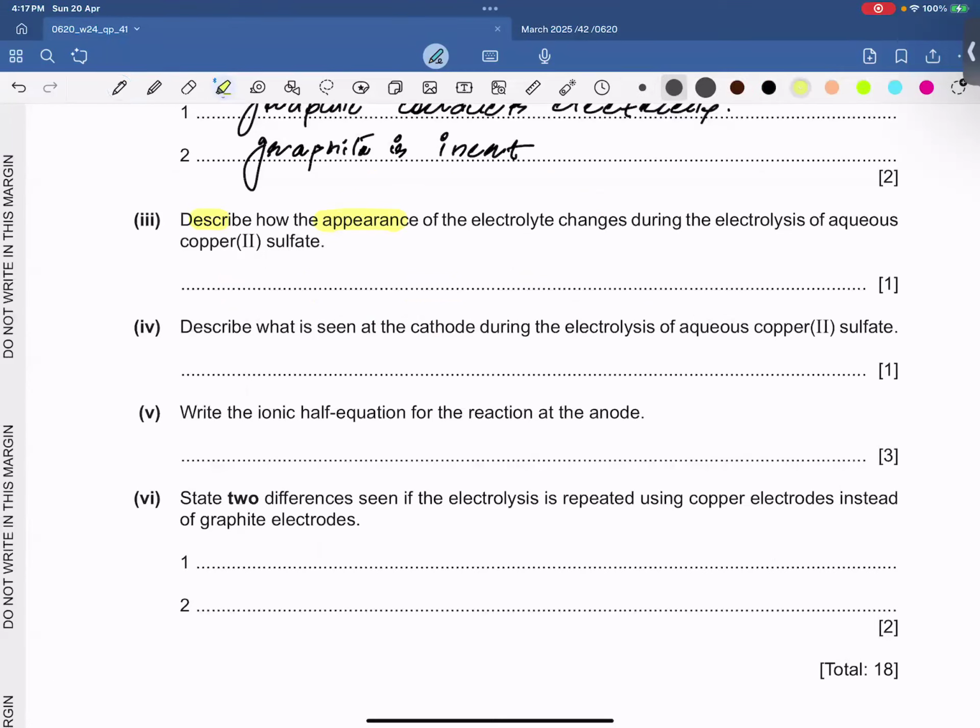Describe how the appearance of the electrolyte changes during the electrolysis of aqueous copper 2 sulfate. During the electrolysis of copper 2 sulfate, the copper ions are discharged at cathode in the form of copper metal. So the concentration of copper ions in the electrolyte decreases with time. So the blue solution of copper 2 sulfate becomes lighter and eventually turns colorless. Or in other words, blue solution fades away.